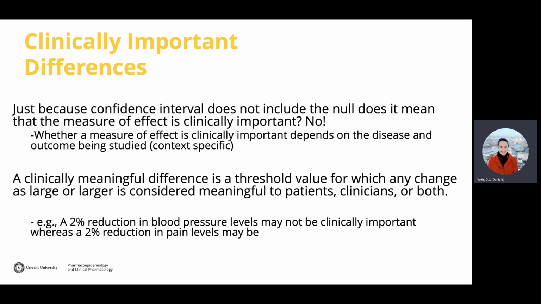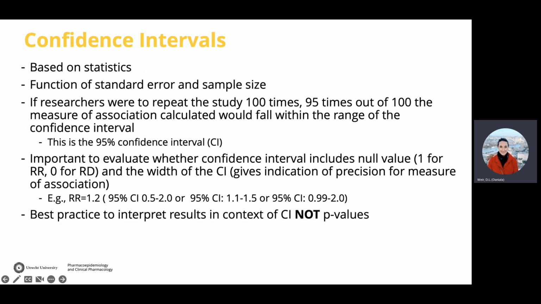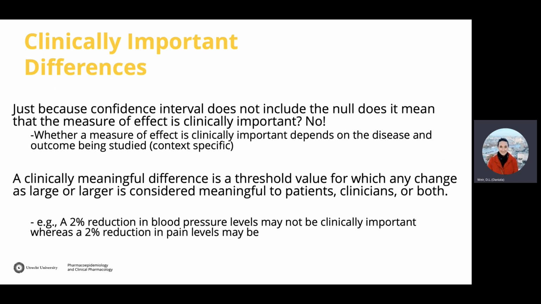So you can have a relative risk, like I said, of 1.2, and maybe your confidence interval is the 1.1 to 1.5 value. So you're statistically pretty confident that there is indeed an increased risk of the outcome in the intervention group compared to the control group.